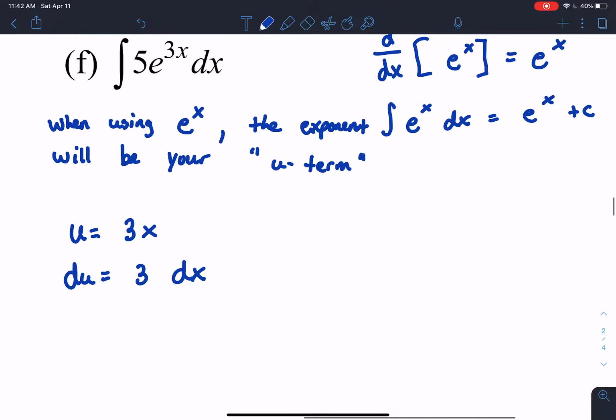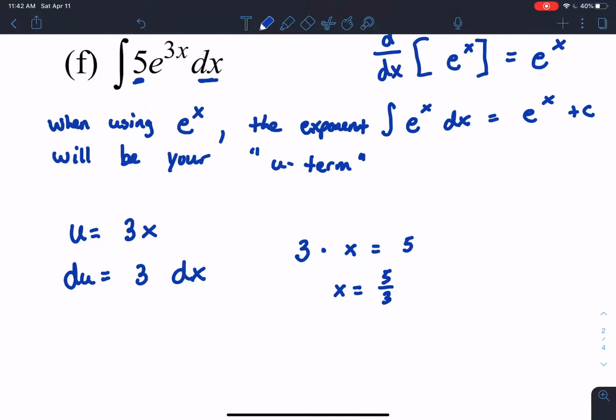Now you should notice that you have 5 dx. So what would I need to multiply by so that I could get 5 dx from 3 dx? 3 times something is going to give me 5, so what you're going to be multiplying by is just 5/3.